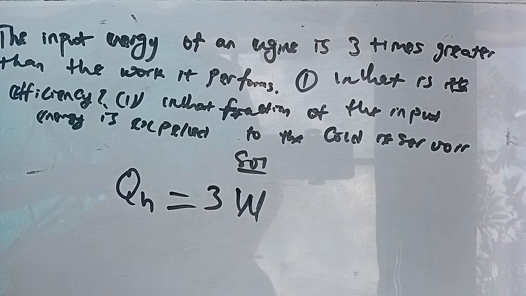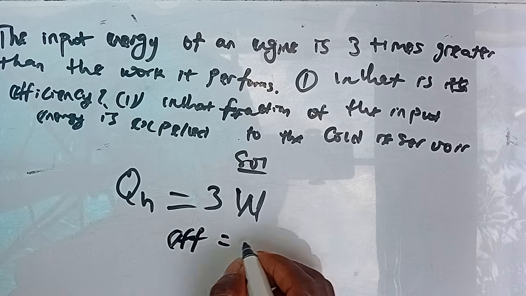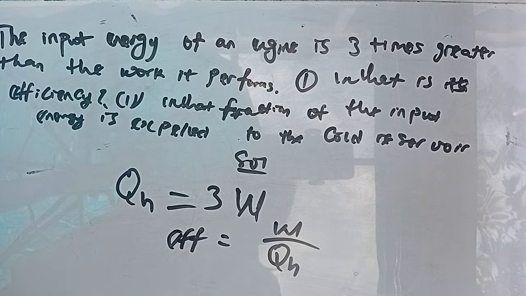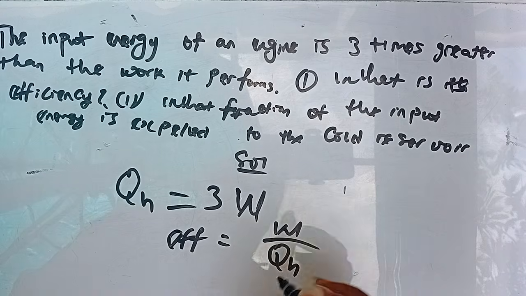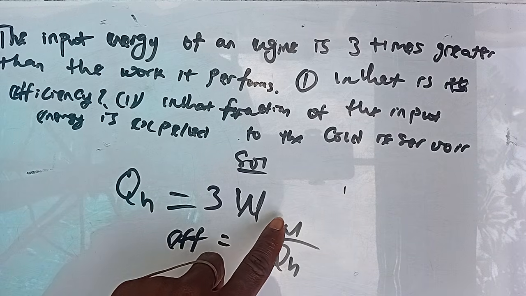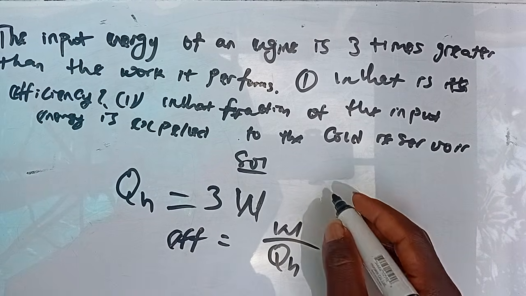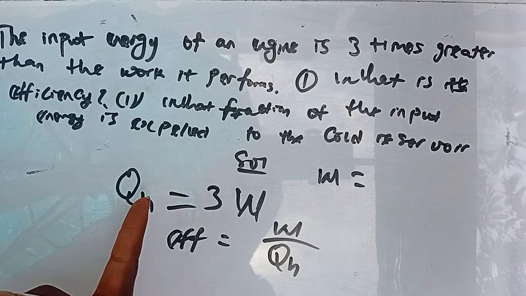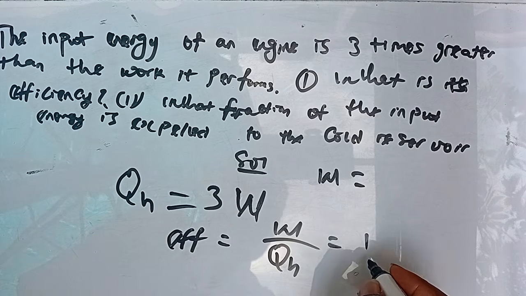What is its efficiency? We know efficiency equals W over QH. It depends on what you are given. You can use 1 minus QC over QH; we've proved that earlier. Here QH is 3 times W, so this is 1 over 3.